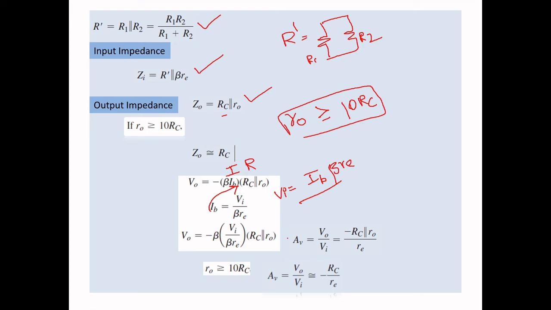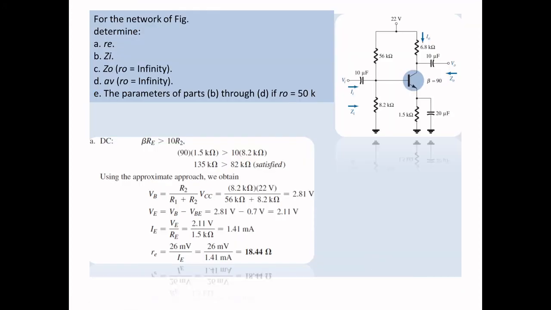I want to calculate voltage gain, that is AV equal to V naught by VI. It gives minus RC parallel to R naught divided by RE. So approximately, when R naught is greater than or equal to 10 times RC, I can remove this R naught and write minus RC by small RE. So this is the derivation for the voltage divider biasing, bypassed.